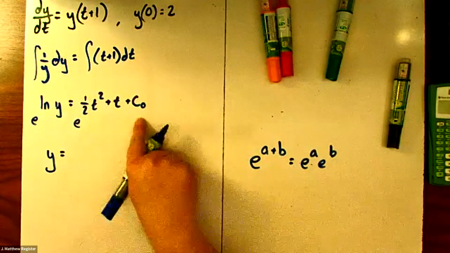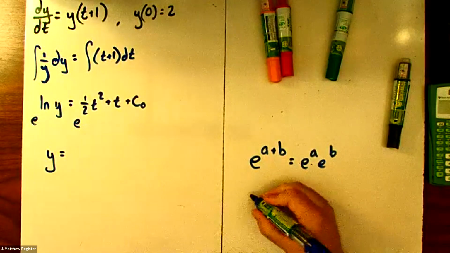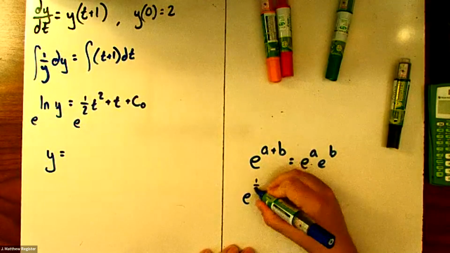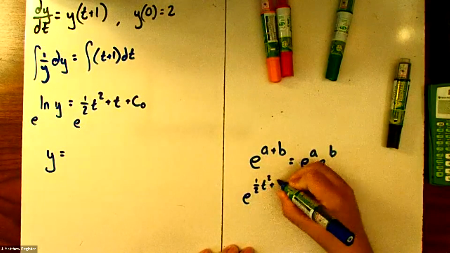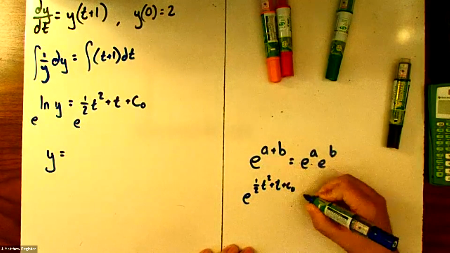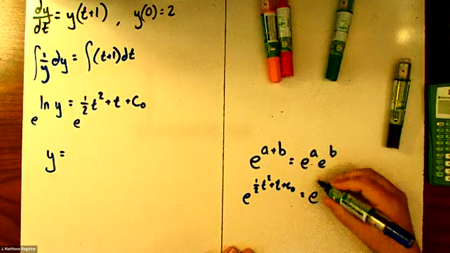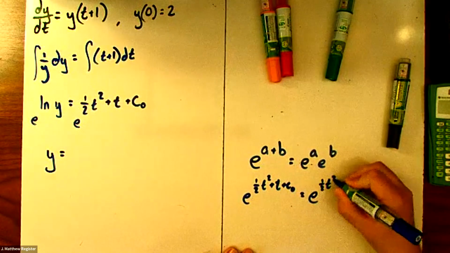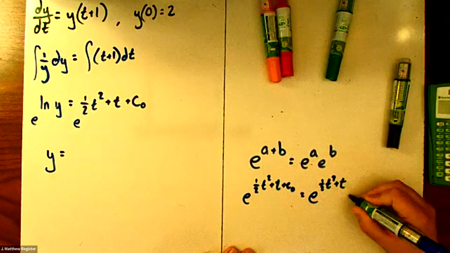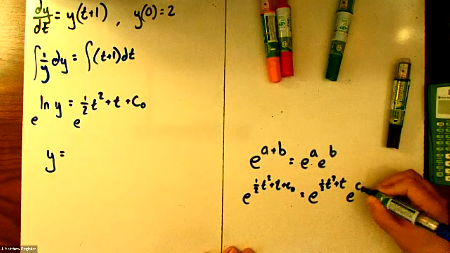Well, we can do the same type of thing here. We can actually separate this C0 out, which would give us an e to the 1/2 t squared plus t times e to the C0.